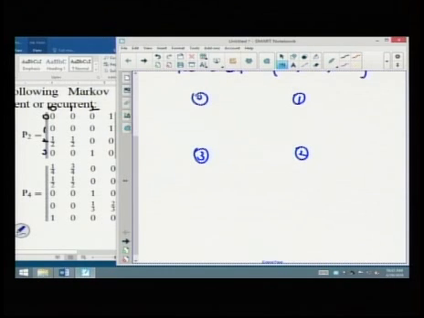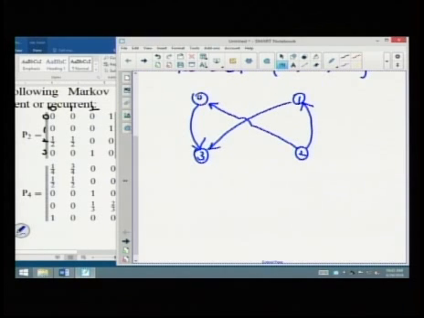And 0 to 3 is 1. 1 to 3 is also 1. And 2 to 0 is 0.5. 2 to 1 is 0.5. And 3 to 2 is 1. Okay, how about this?